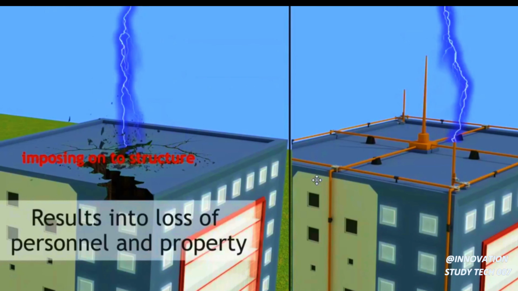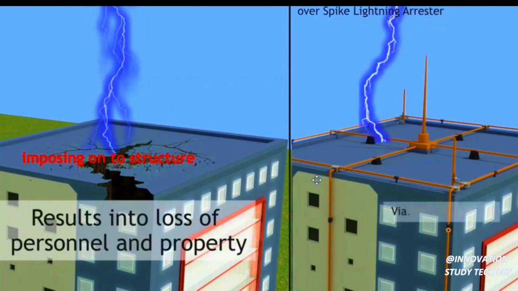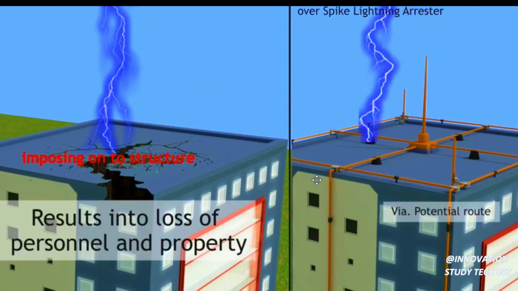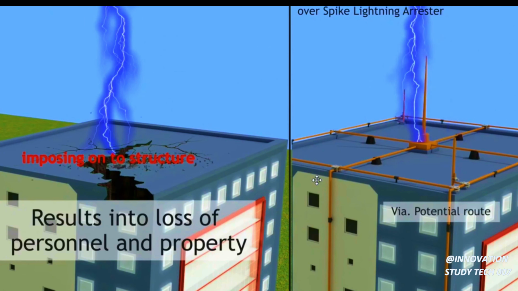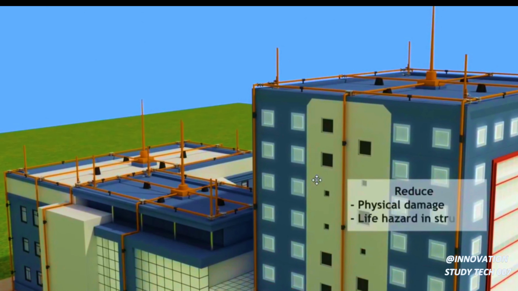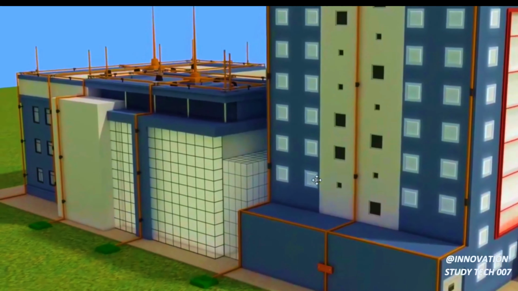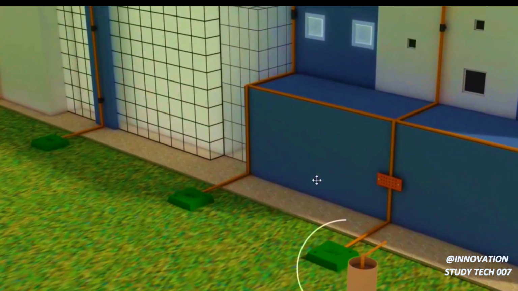Early streamer emission or conventional type systems are used for the lightning protection. This kind of protection system captures the lightning and safely passes the extremely high current to the ground so that the necessary components like the panels and inverters and structure can be made safe against the lightning strikes.